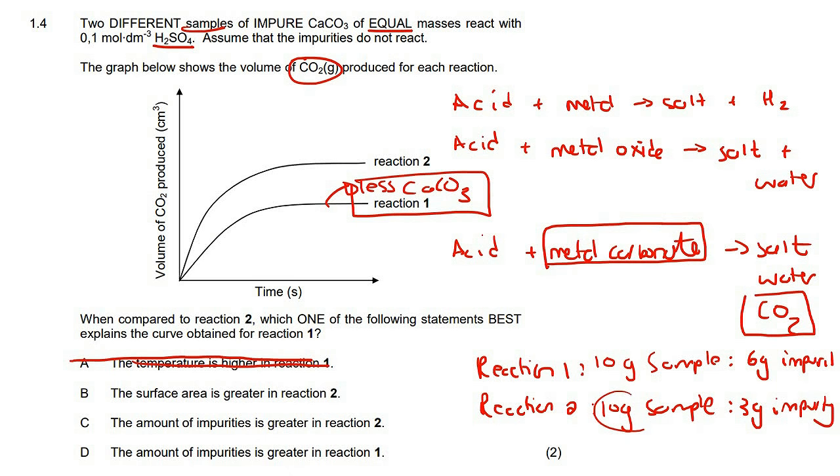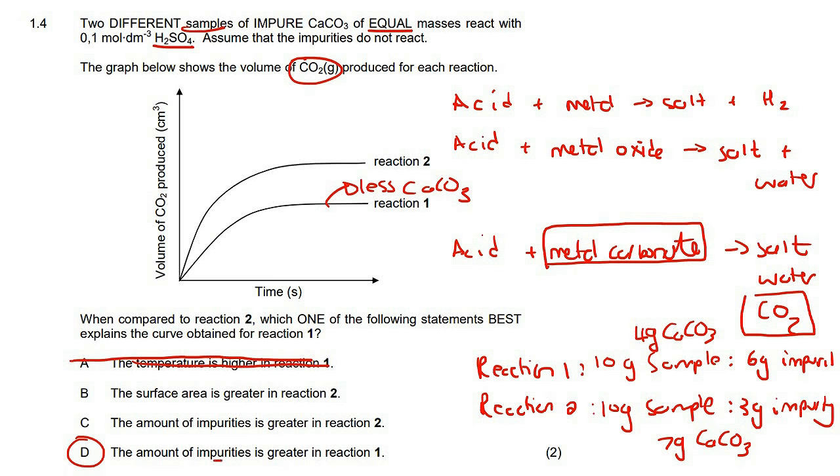Then if you have 10 gram sample, and 3 grams is impurities, then how much calcium carbonate did we actually have over here? Well, there should be 7 grams of calcium carbonate. Then how many grams of calcium carbonate would you have here? Well, 4 grams of calcium carbonate. So I suspect this is the answer. In reaction number 1, there's less calcium carbonate, but that means that there's more impurities. So the amount of impurities is greater in reaction 1.